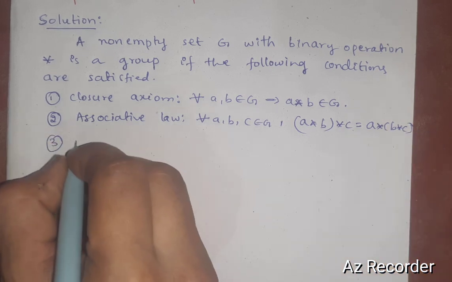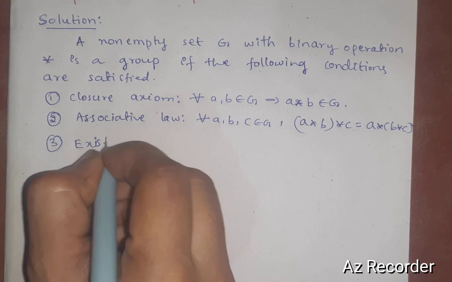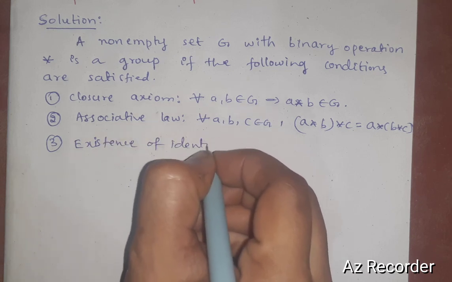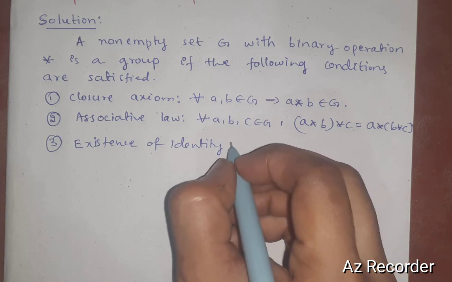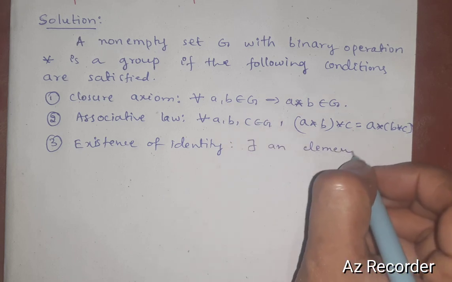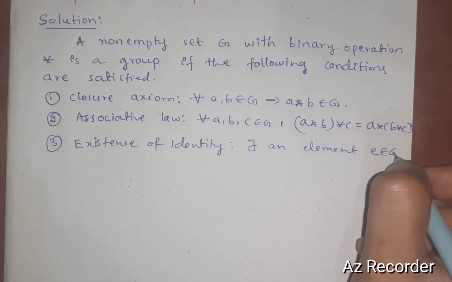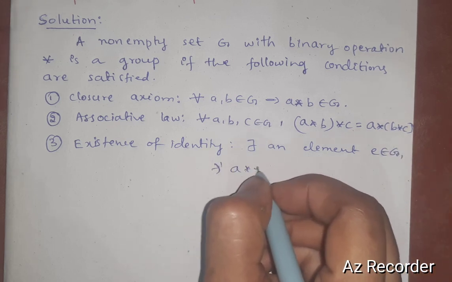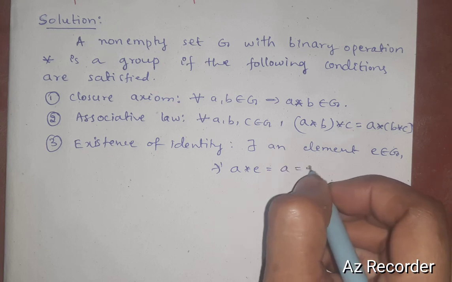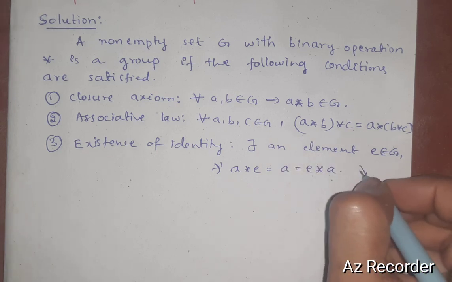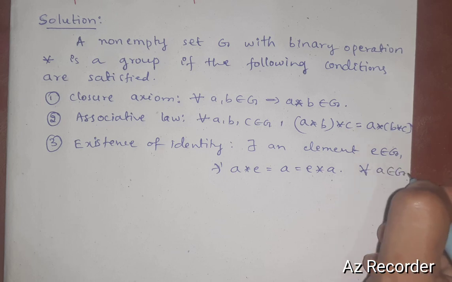Third one, existence of identity. There exists an element e belonging to G such that a star e is equal to a is equal to e star a. This is true for all a belonging to G.